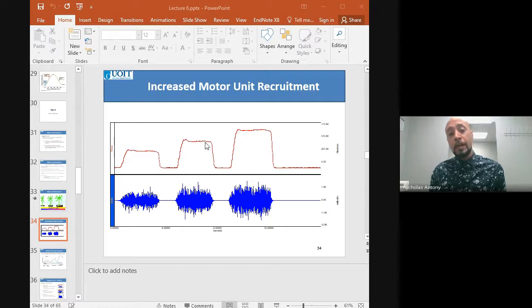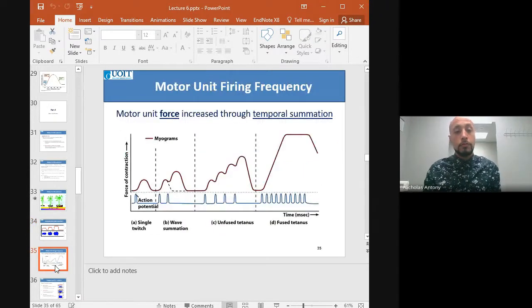That would be because with increasing contraction, you're recruiting more motor units, and therefore that's more electrical potential. For smaller muscles, once all motor units are recruited, you can still increase the force of a muscle through changing or increasing motor unit firing frequency.